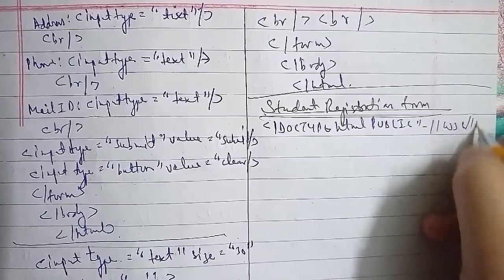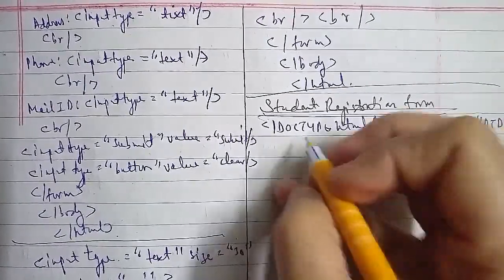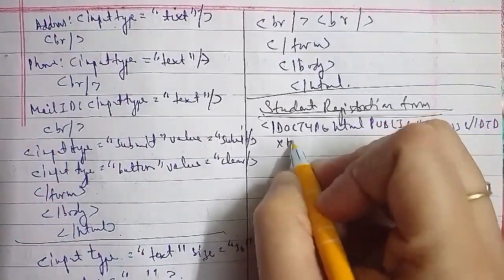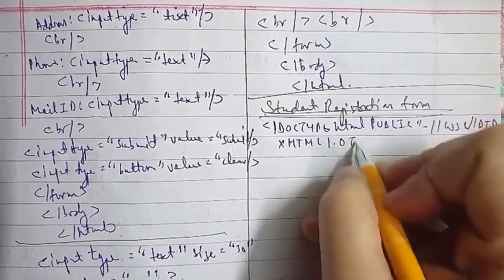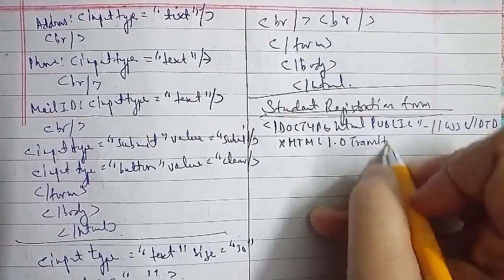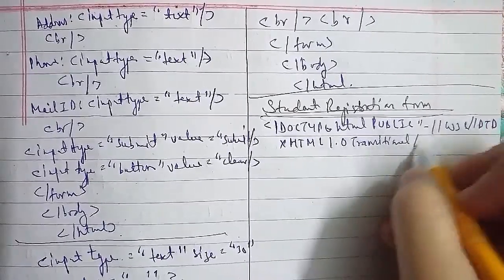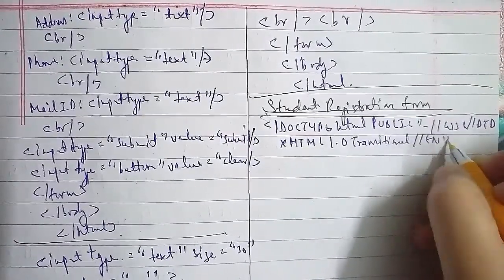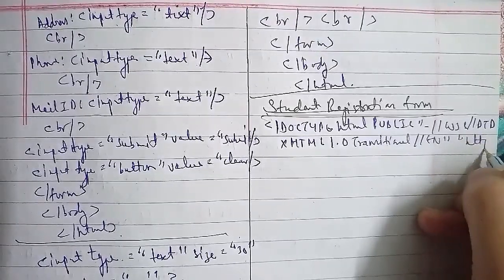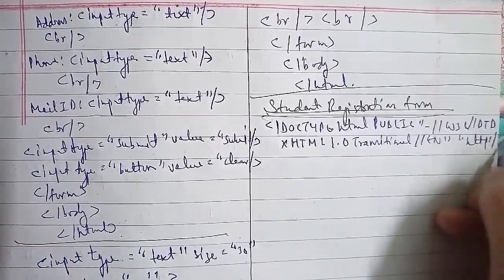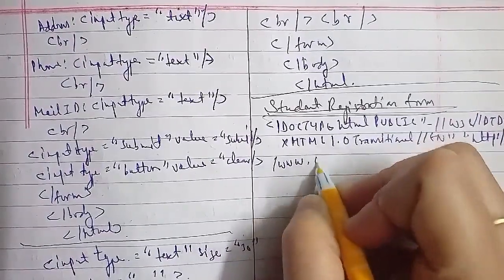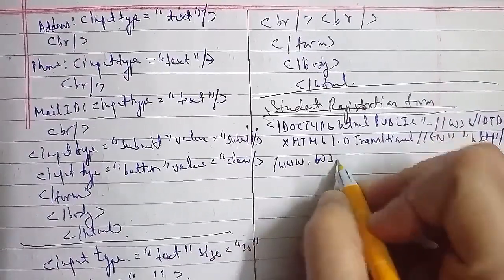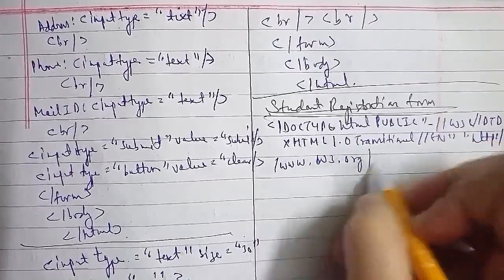Start with the body, center, and then after the center start with the H3, that is student registration form, H3 close.